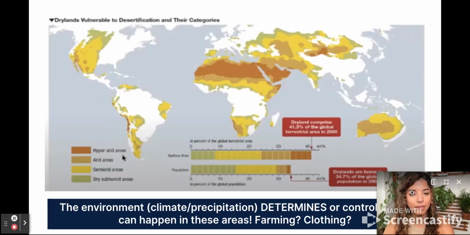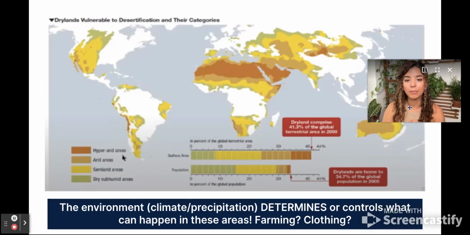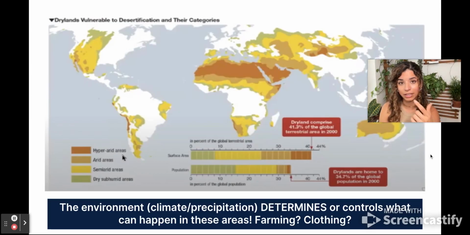So overall, with environmental determinism, the environment determines or controls what can happen in these areas. This can include farming practices, agricultural practices. This can include the types of clothing, what is culturally and socially acceptable for how people dress, what they wear, what the clothing is made out of, and things like that.